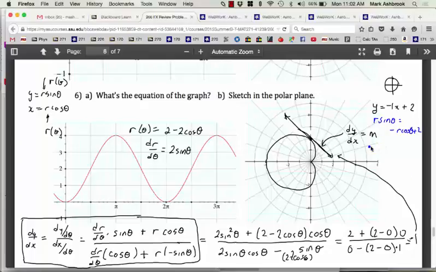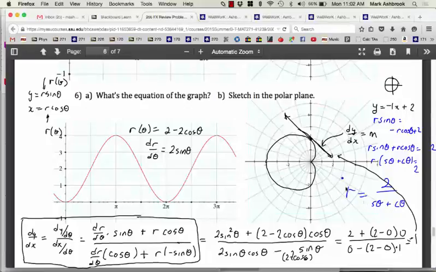So then you have r sine theta plus r cosine theta equals 2. Factor out r. Sine theta plus cosine theta equals 2. So r equals 2 over sine theta plus cosine theta. That's the equation of that line.